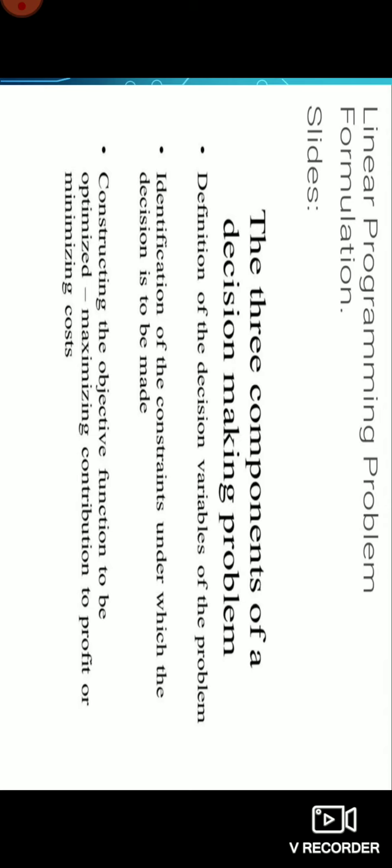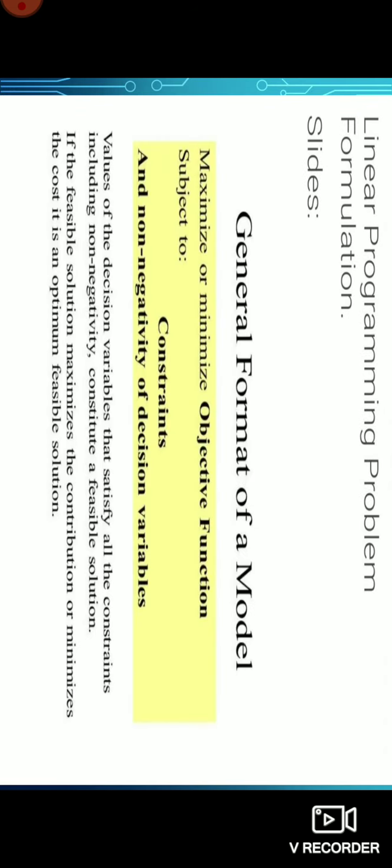The relationship among the variables representing the objective must be linear. And third is constraint, that means restriction on the use of resources such as labor, space, raw material, money, etc., that limit the degree to which an objective can be achieved.